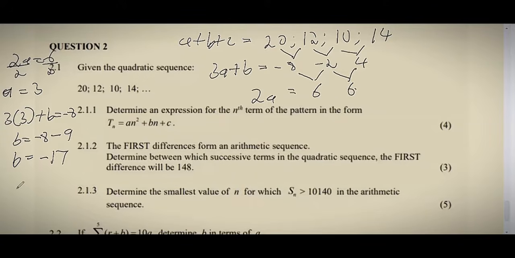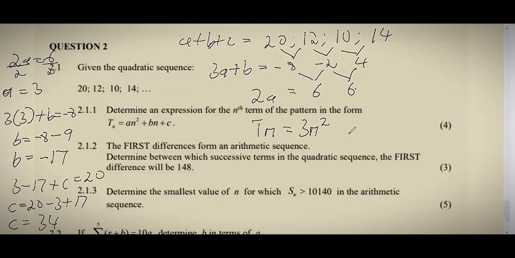To find the value for c, that's 3 minus 17 plus c equals 20. So c equals 20 minus 3 plus 17. So 20 minus 3 plus 17, that's 34, right? So our Tn would have to be 3n squared minus 17n plus 34. And that's how you could have got that one.